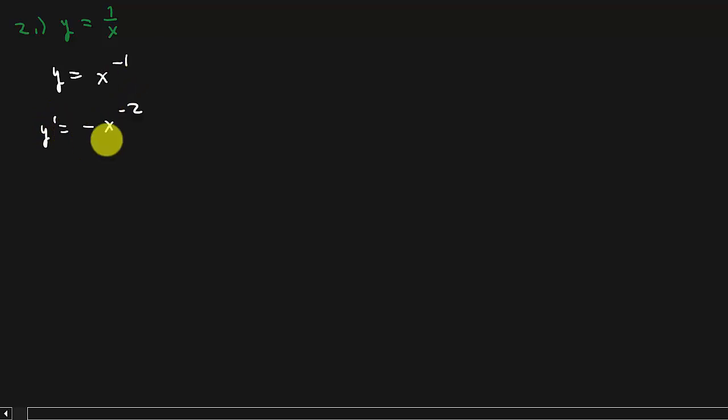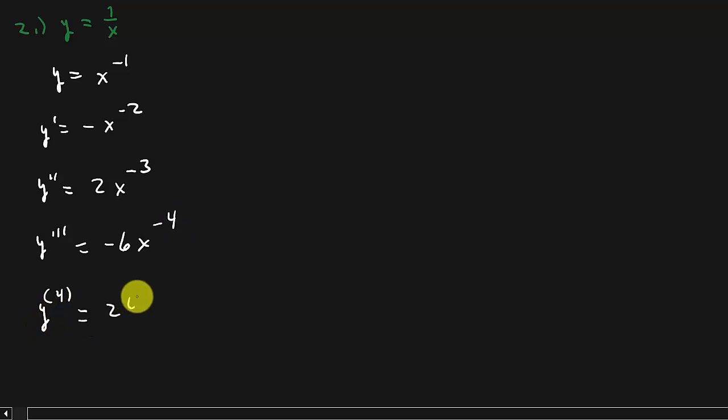The negative 1 comes down, subtract 1. The second derivative, negative 2 times negative 1 is 2, subtract 1 from the exponent. The third derivative, the negative 3 comes down, negative 6, subtract 1 from the exponent. And then the fourth derivative would be 24x, subtract 1, that's negative 5.